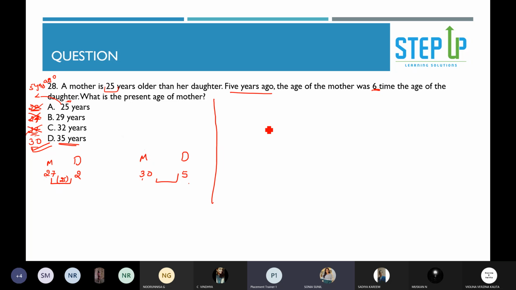This is the logical approach. If you don't want to go with this, you can go this way also. Mother minus daughter is equal to 25 years. 5 years ago, m minus 5, the age of mother was 6 times the age of daughter.